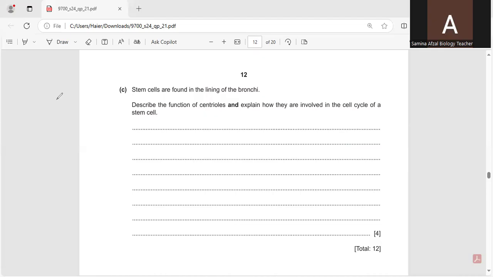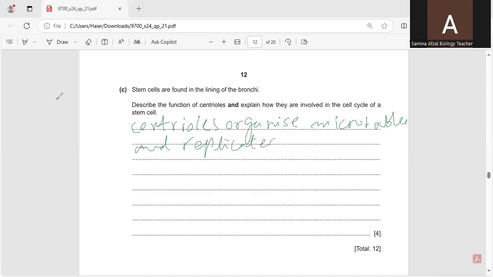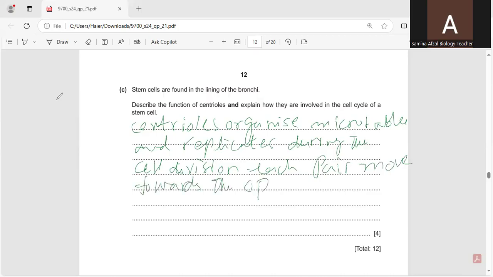So here I would like to say that centrioles organize microtubules, they replicate during cell division, and each pair moves towards the opposite poles.